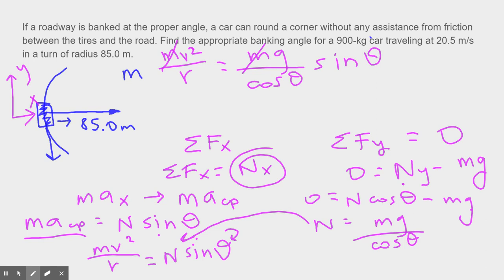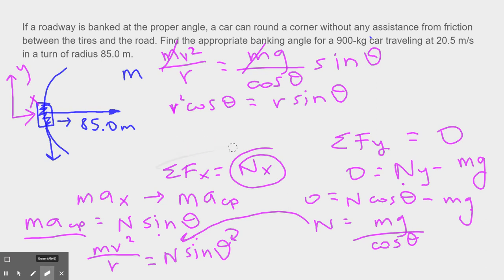And then we can rearrange. Let's get rid of the fraction. Let's take r over here, and let's move cosine. So that's going to be r cosine theta. No, I'm sorry. V squared cosine theta equals r sine theta. Need more space.